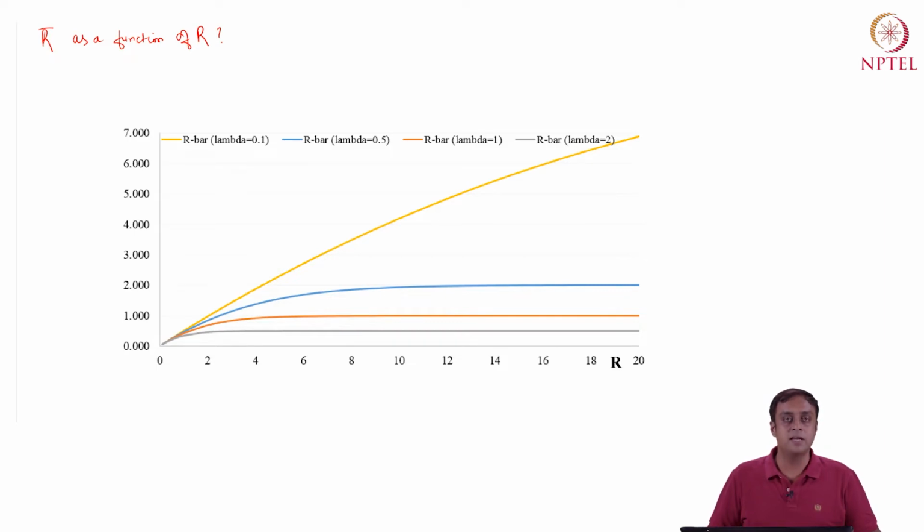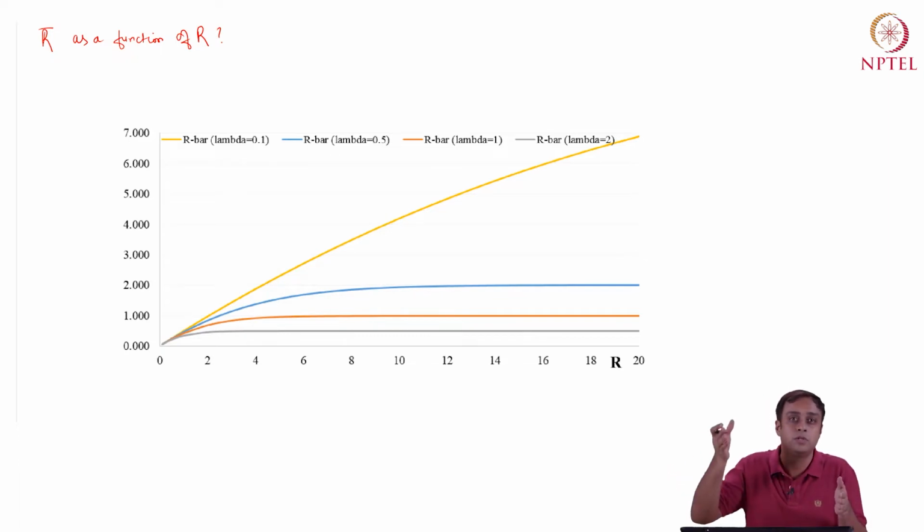We had given ourselves an exercise to evaluate R bar, that is the mean distance, the first moment of our spatial exponential distribution interpretation. We wanted to see how this R bar would depend on the finiteness of the city. So if capital R goes to infinity, that's an infinitely large linear city.